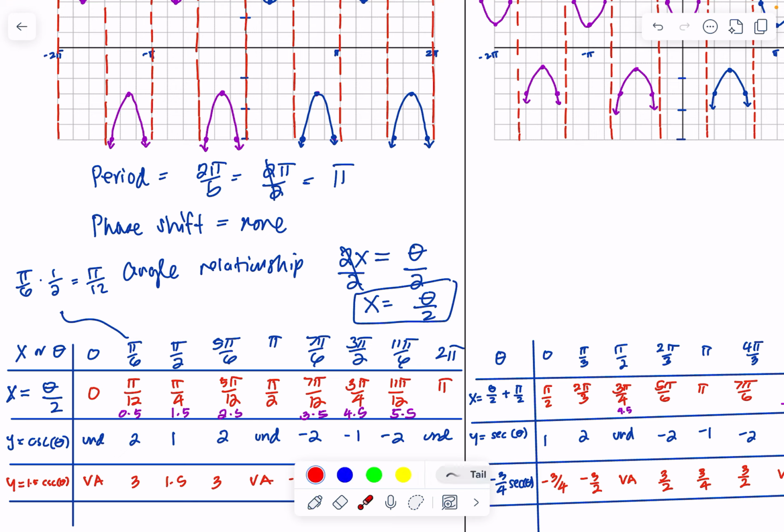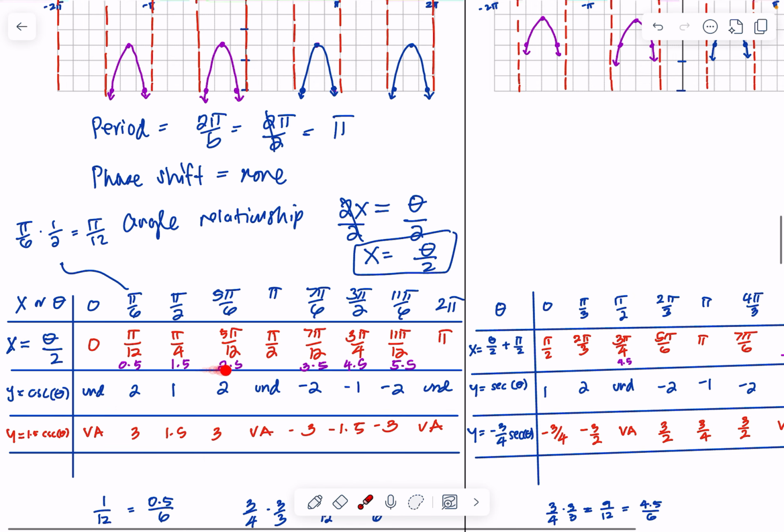And then again, pi over 2 divided by 2 means pi over 2 times 1/2, and I will get pi over 4. So please, you can pause the video for now and divide each of these by 2, or multiply each of these by 1/2, to get all of these red numbers. Ignore the purple for now. I will explain what that means.